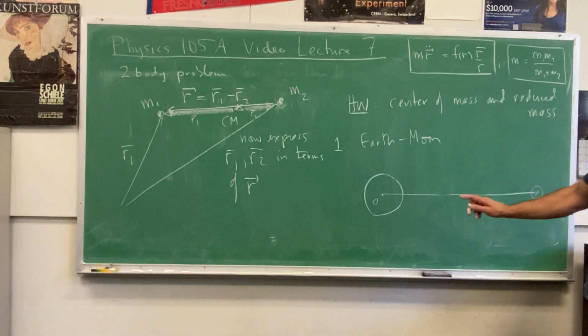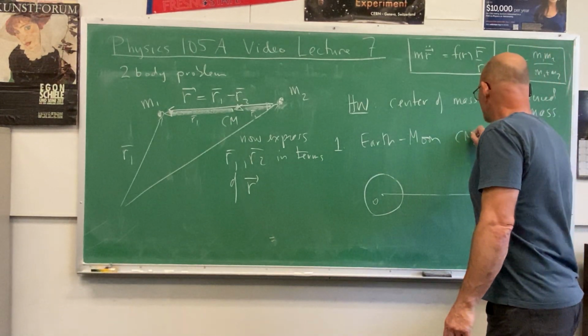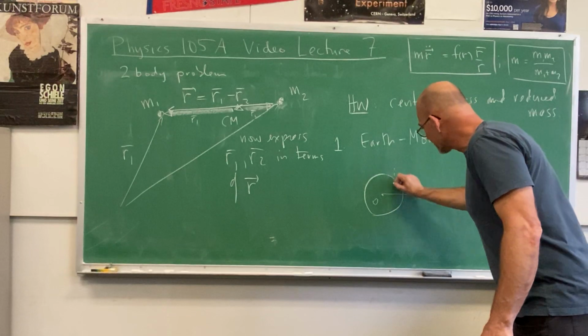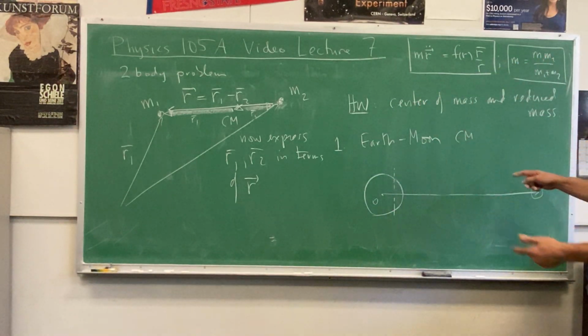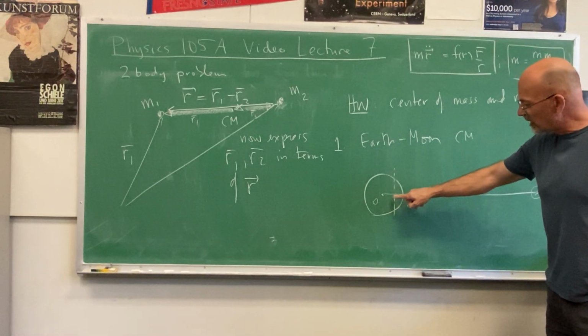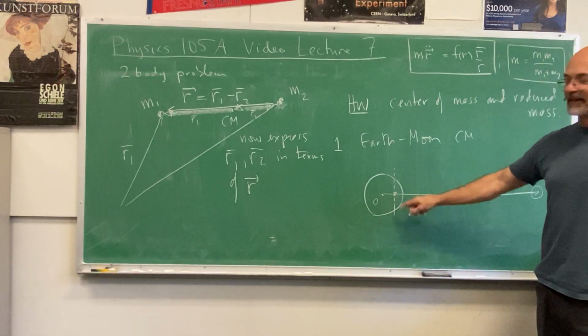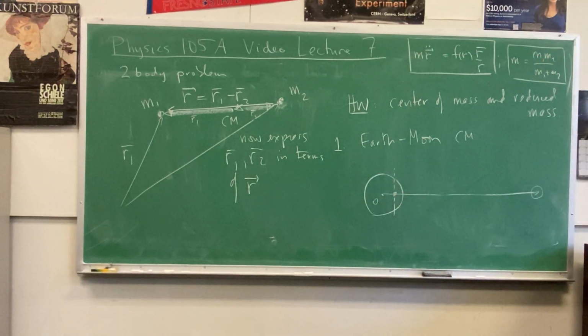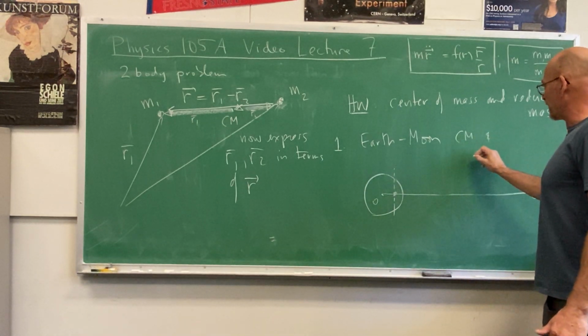That's kind of an important, interesting relation. That it's approximately 60, okay? And the question is, if that's the origin, where is the center of mass? So I'm going to say Earth, Moon, center of mass. You'll find that it's somewhere inside the Earth, so that the Earth-Moon system revolves around the center of mass, which is actually inside the Earth. Okay, so we want to do the Earth-Moon center of mass and then calculate the reduced mass.